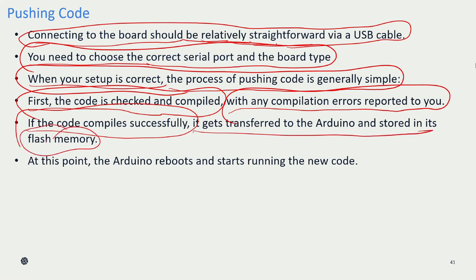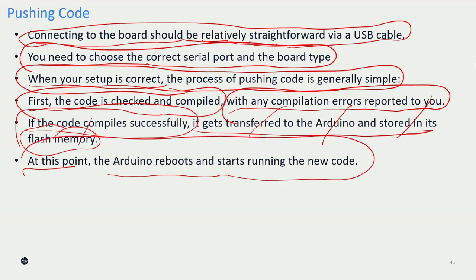Everything is successful, the code is compiled, and whatever code and data or output you want to execute will be transferred to the Arduino and stored in the flash memory. After that, the Arduino reboots and starts running the new code.